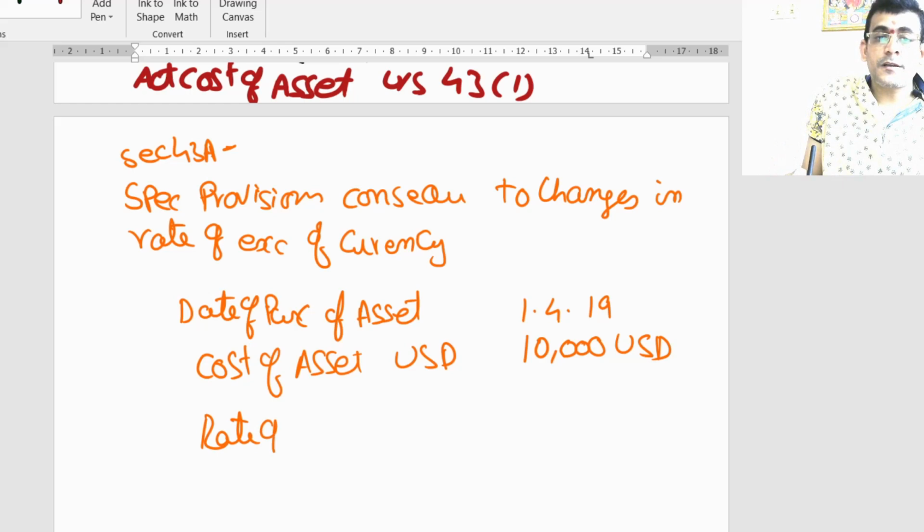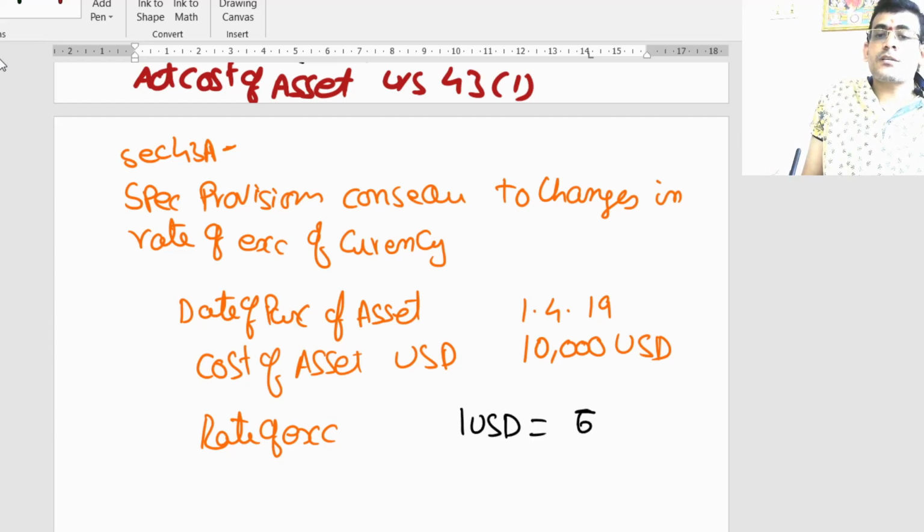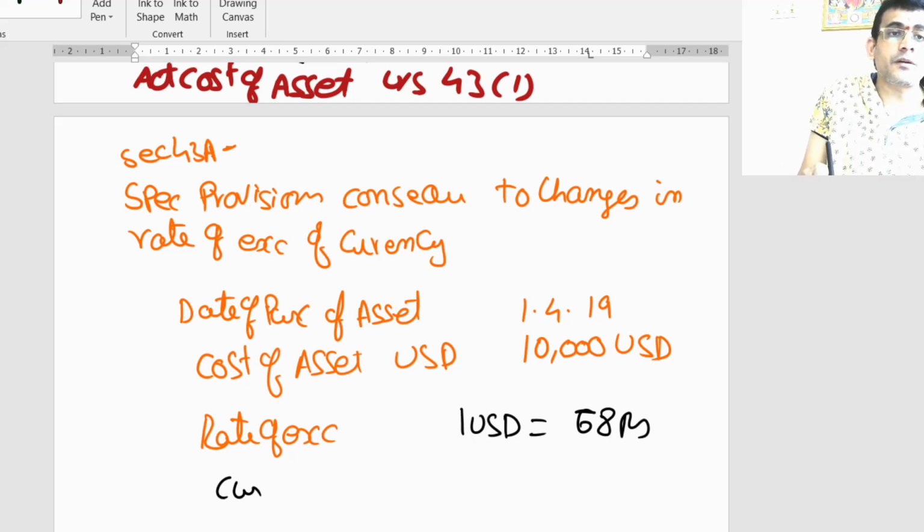Rate of exchange on the date of acquisition: let us consider 1 USD is equal to 68 rupees. Generally, I need to make a payment for the asset on a credit basis. Say your supplier has given you a credit period of 2 months.